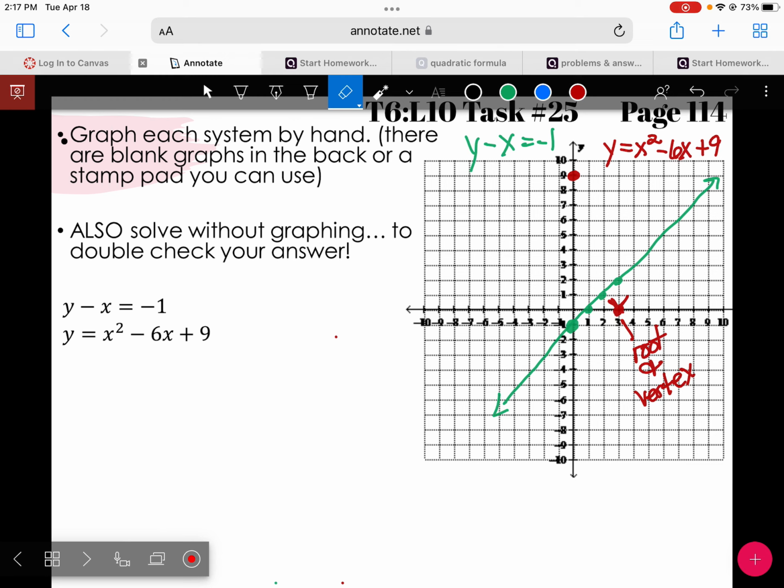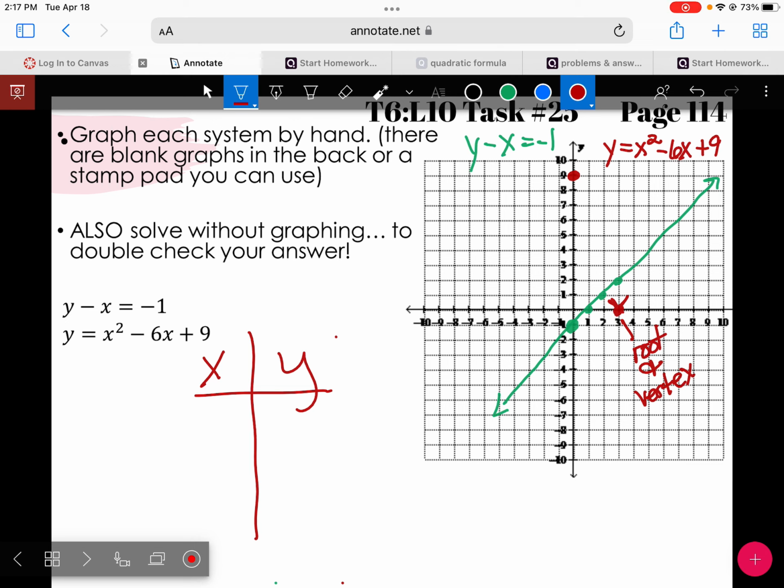But I do have my vertex. So if I have x's and y's, I want to see what's happening 2 places to the right and 2 places to the left of that vertex, just to check. So what would be a good x value that I would want to find?